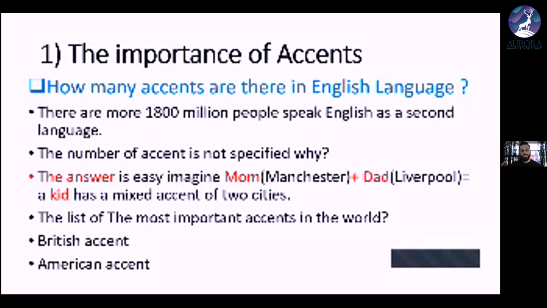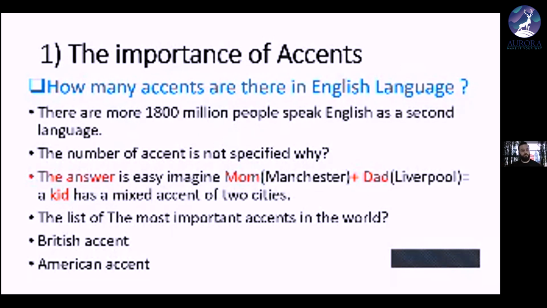Mom from Manchester and dad from Liverpool. When they get married, they will have a kid. But this kid has a mixed accent of 2 cities, from the Manchester accent and from the Liverpool accent. So this is a mixed accent here, okay?